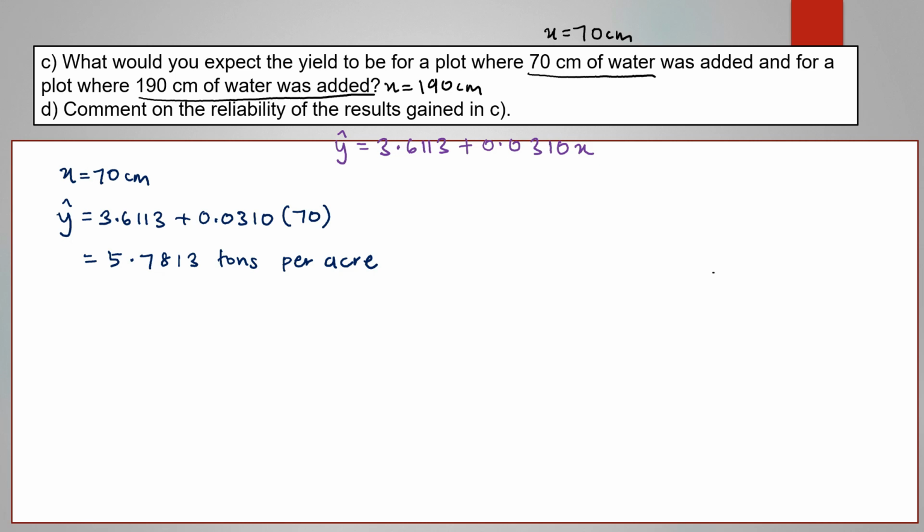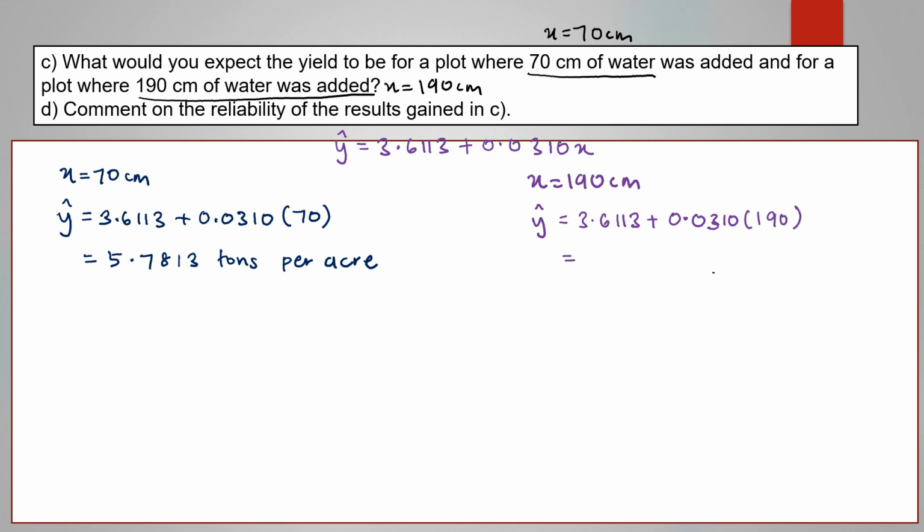Whereas for x equals 190 cm, let's do the same. Substitute x into the y hat, 3.6113 plus 0.0310 times 190.